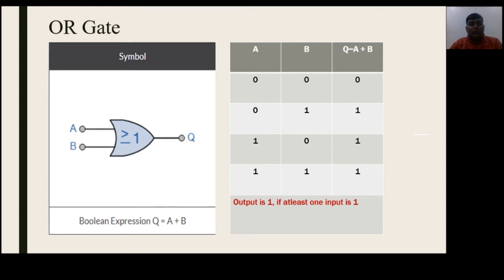And you represent OR gate using plus symbol. As you can see, Q is equal to A plus B, and the output Q of this circuit is 0 where you have 0 0 as input. Otherwise, in all the other three cases, there is at least one input as 1, so you have output as 1. Okay. In the last three cases, the output will be 1 1 1.